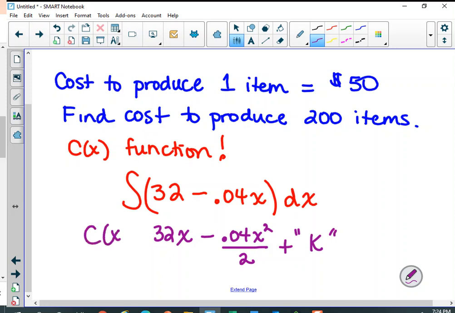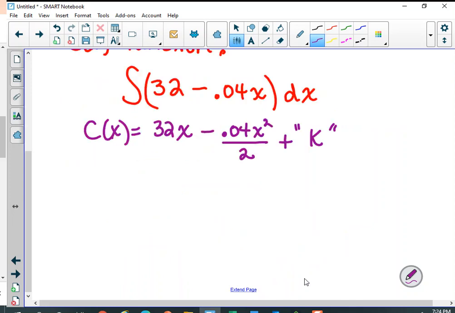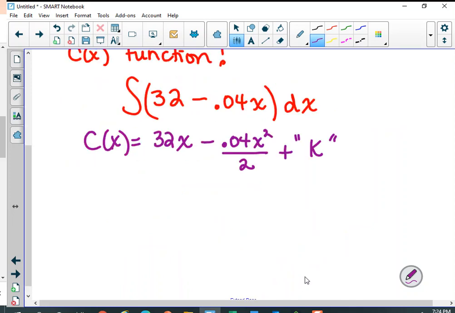k. I am switching letters on you, I'm sorry, because we are dealing with a cost function. We tend to roll into a new letter to represent the unknown constant. So my cost function is 32x minus 0.02x squared plus some mystery k.